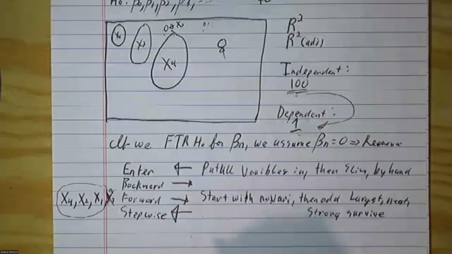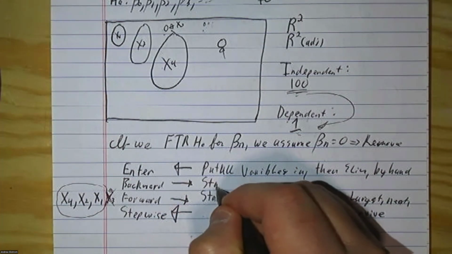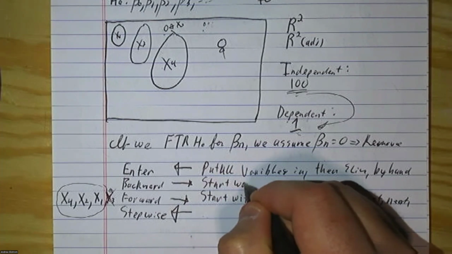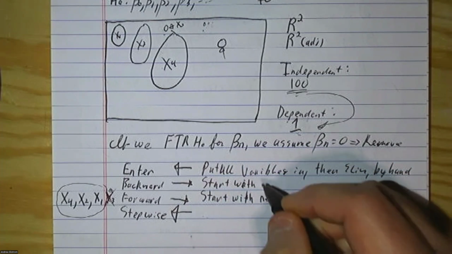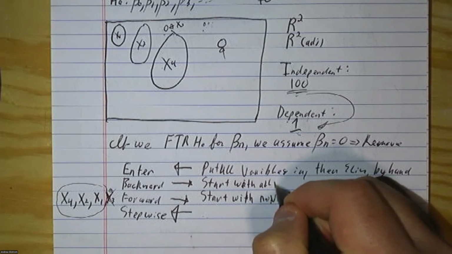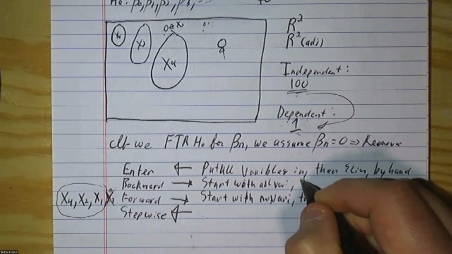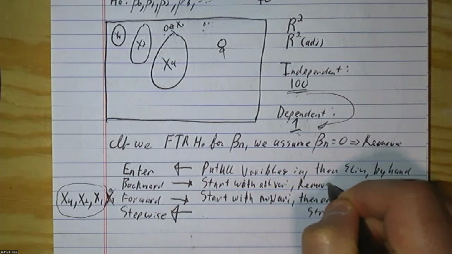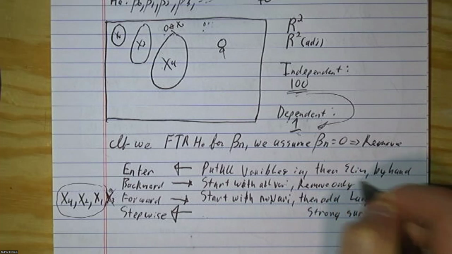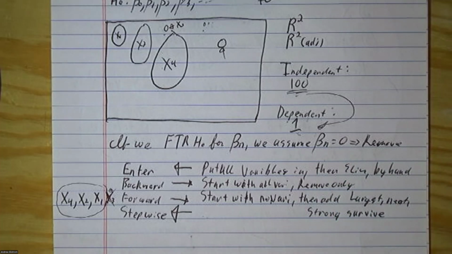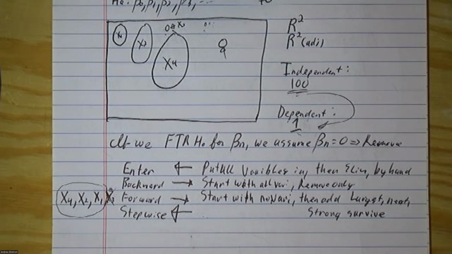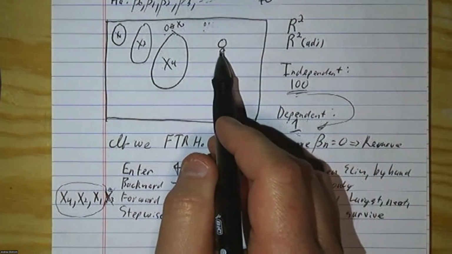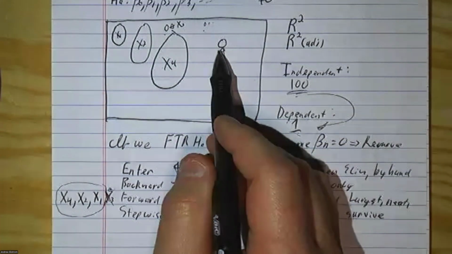With the backward, we start with all of them, or with all the variables, and then remove only. So what could happen, and some of the things that actually do happen, is we might have a bunch of variables that just barely meet our threshold.